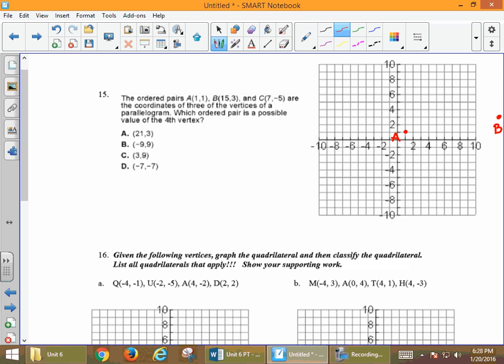And point C is at 7, negative 5. So I have 2 places where D could possibly exist. I'm just going to look at this and say D could be in 2 places. D could be way out here.